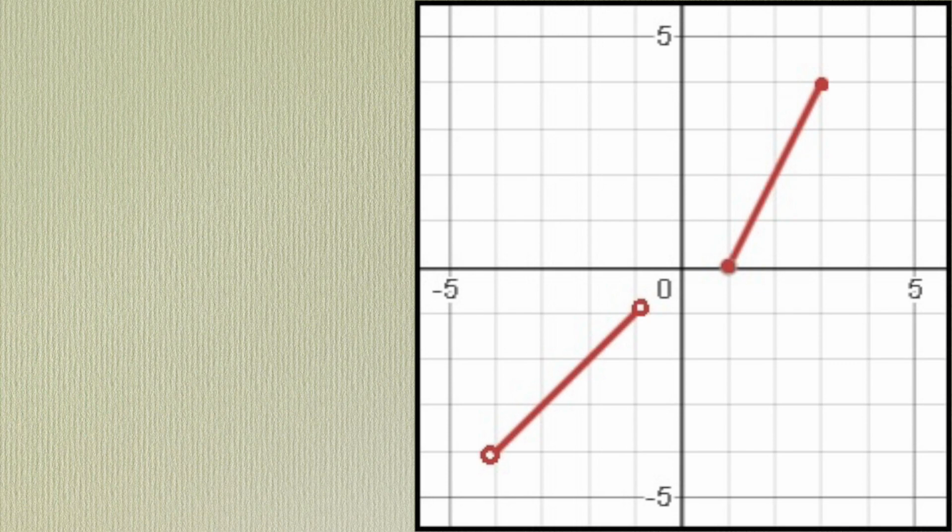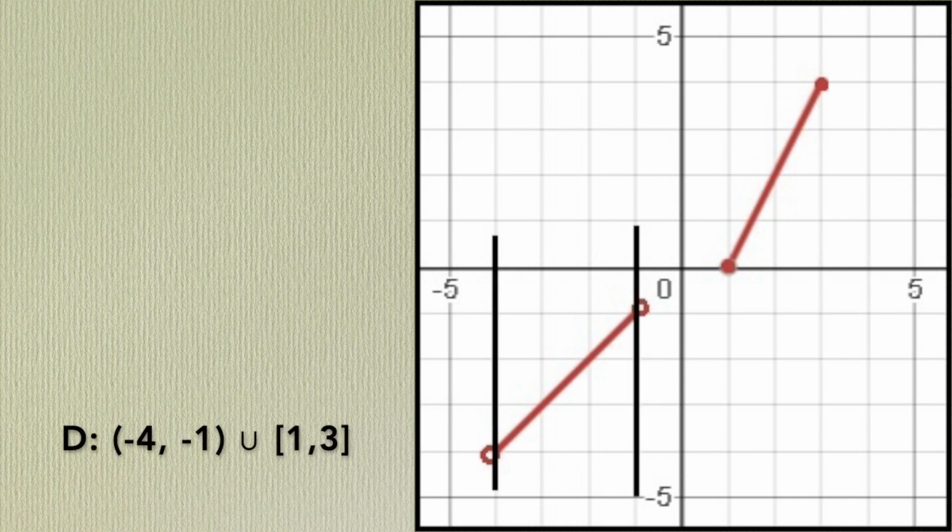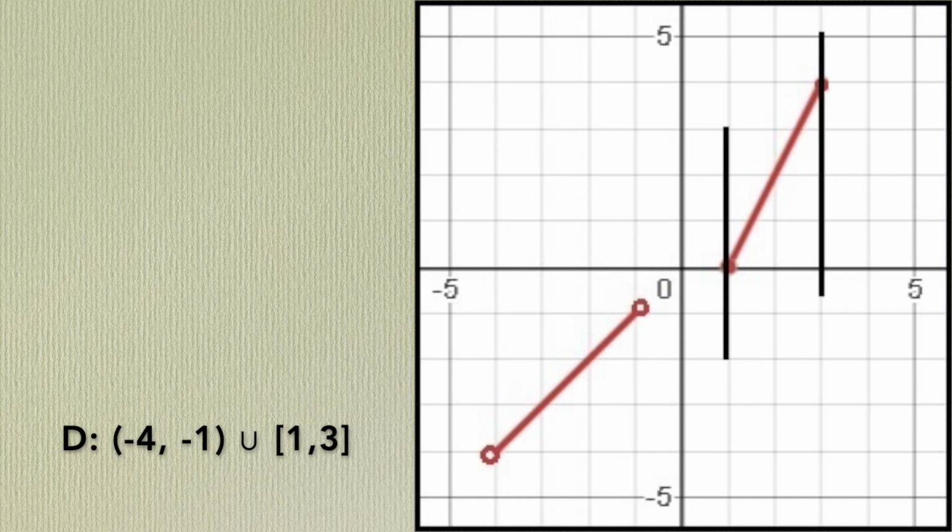So the domain is going to be, since there is an open circle at negative 4, open parentheses negative 4 because it's open there. Comma, we go until we get to negative 1 and it's open, so we use a parentheses. Then there's a break, so we say union. And then the next x value is at 1 and it's included, so we're going to say bracket 1, comma 3, bracket. And that's our domain.